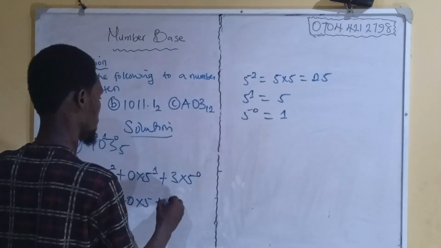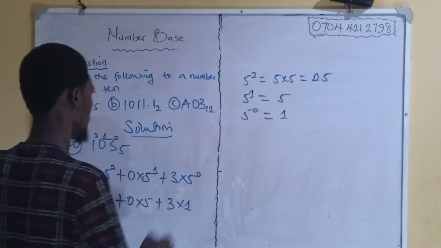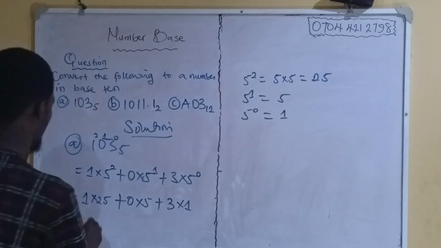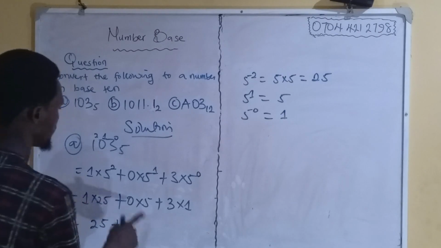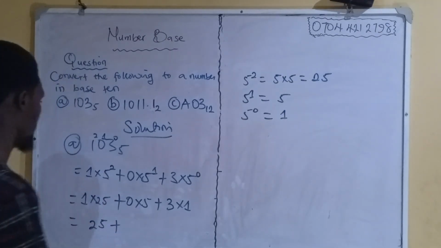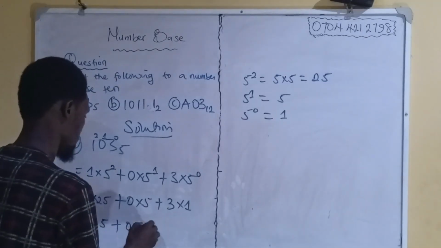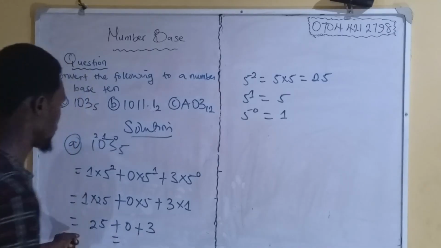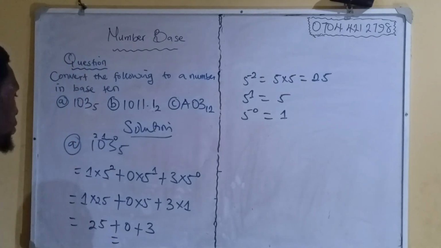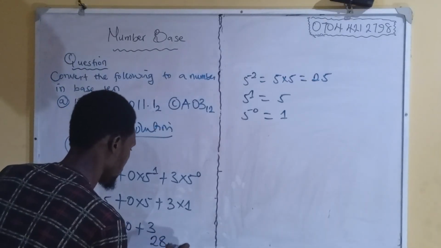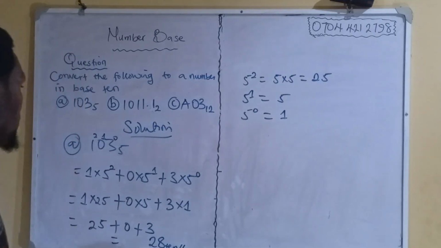So you have 3 times 1. Then 1 times 25 is 25, 0 times 5 is 0, and 3 times 1 is 3. If you add it together, 25 plus 0 plus 3, you have 28. And our final answer is in base 10.